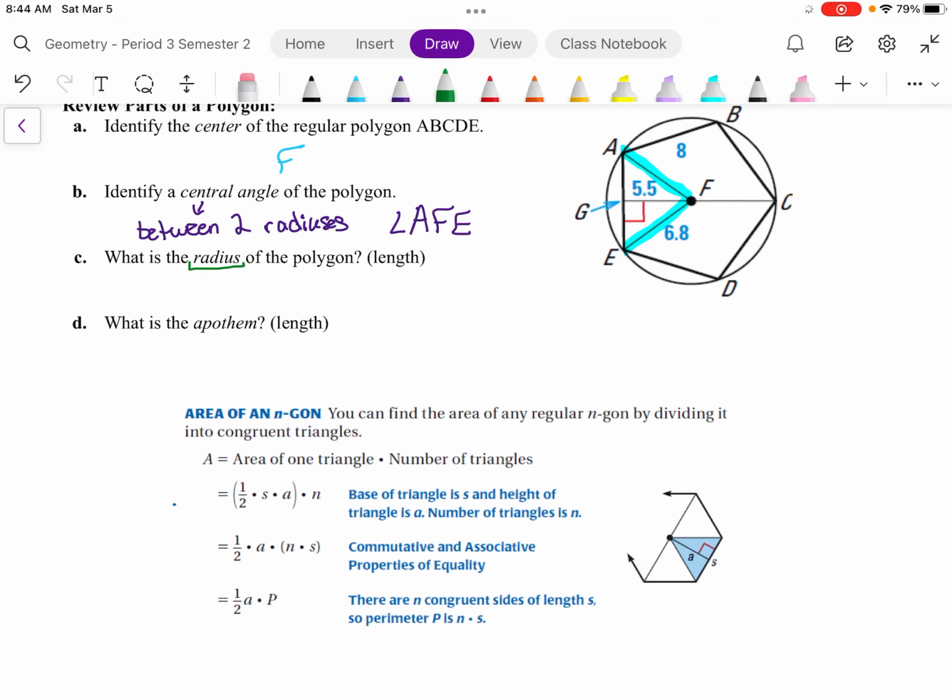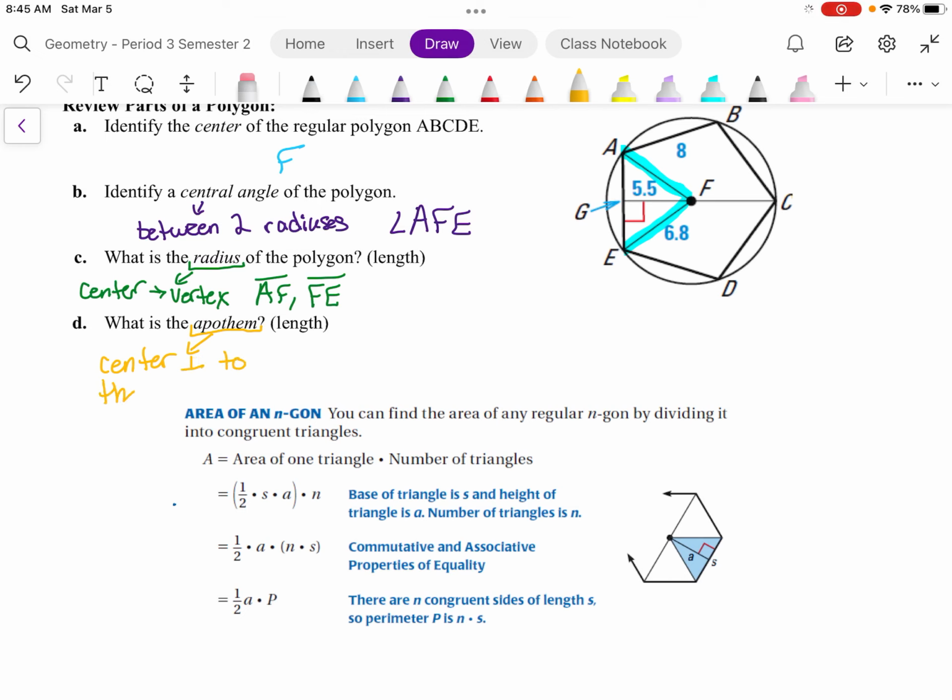And then next, we have a radius, which we've already pointed out what those are, and that would be segment AF and segment FE. And remember, radius goes from the center to a vertex. And then the last one, what is an apothem? An apothem goes from the center perpendicular to the side length.